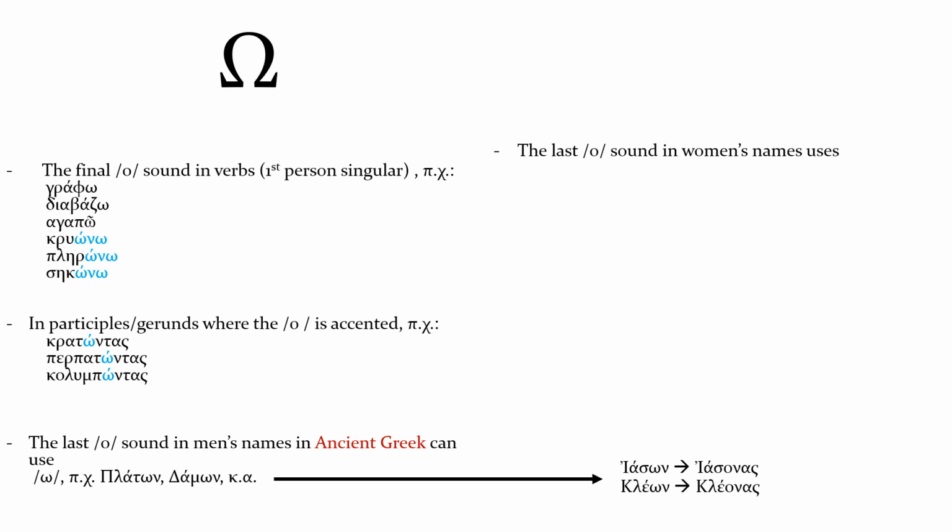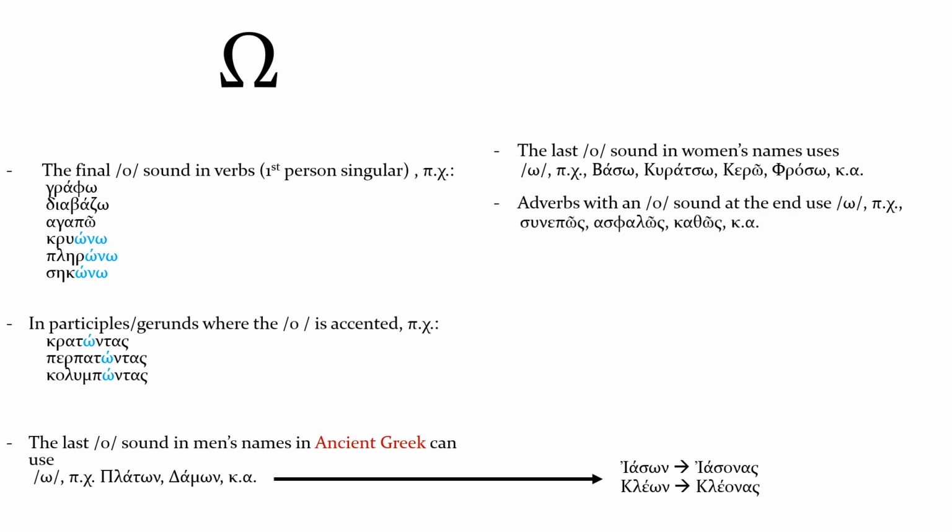So there's a lot of confusion here, but this applies to many names. I'm generally trying to avoid saying too much about names, but there is one more point I have to make. The last O sound in women's names uses the omega. Okay, so Vaso, Kiratso, Kero, Froso. Now, except for Kiratso, these other ones are diminutives of longer, more formal names.